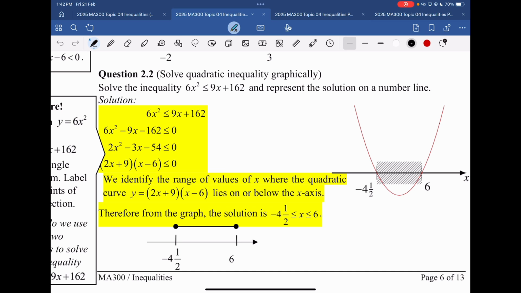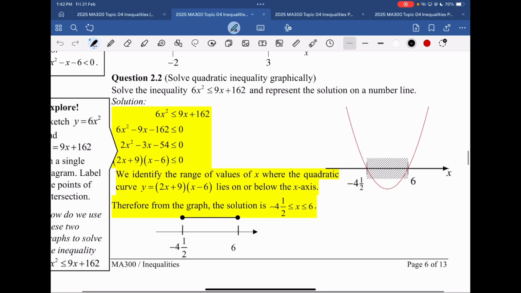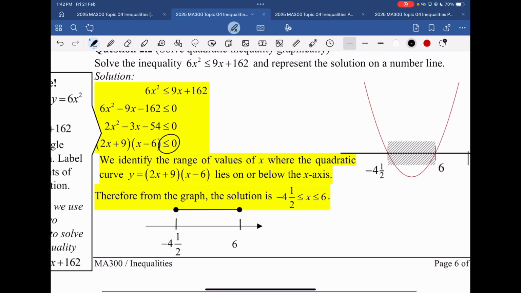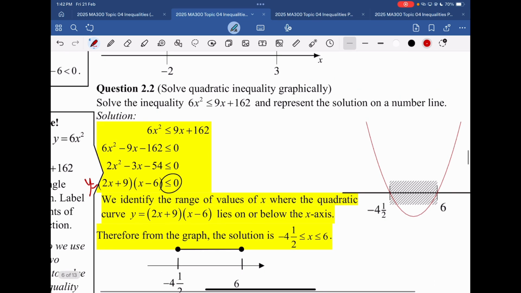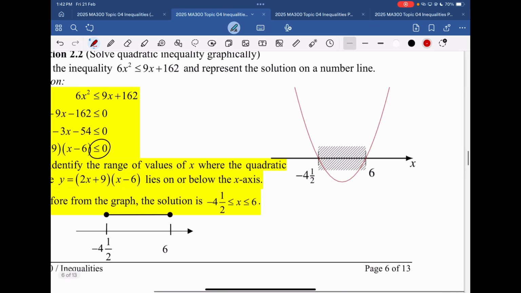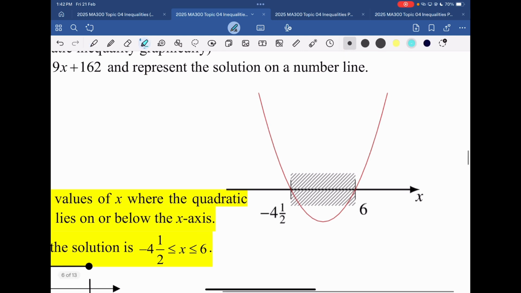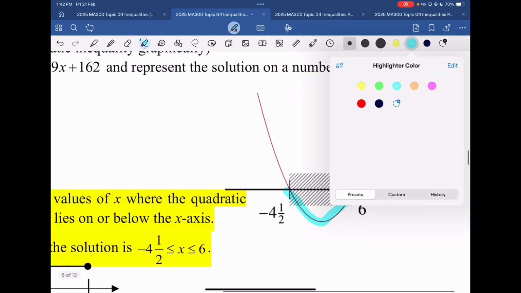When do I use this part instead of this? If you are looking at less than 0, like question 2.2, it means that you want your y value to be less than 0. So I go to the graph. Where's my y value less than 0? Is it the blue color part or the green color part?